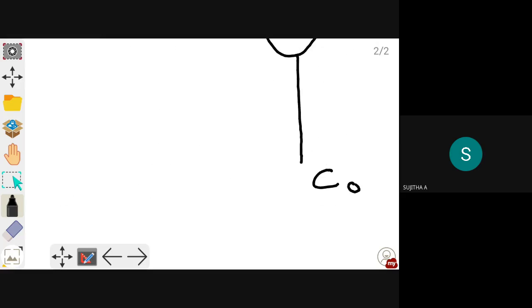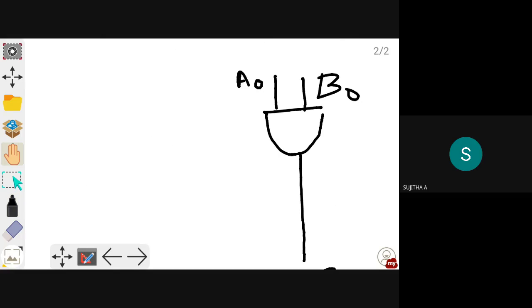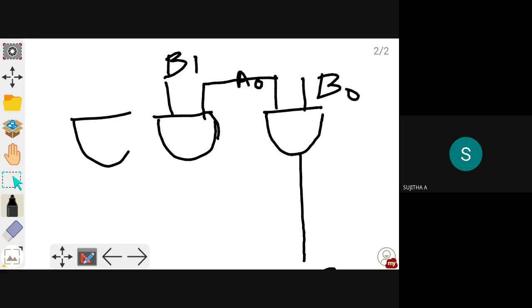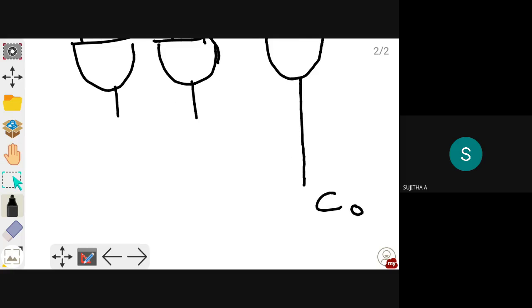Then you have to obtain an AND gate for A0 and B1, another AND gate. Then you have to get A1 and B0. These two outputs of the AND gates should be given to a half adder.